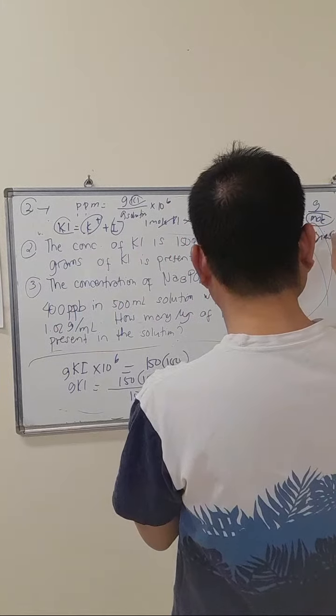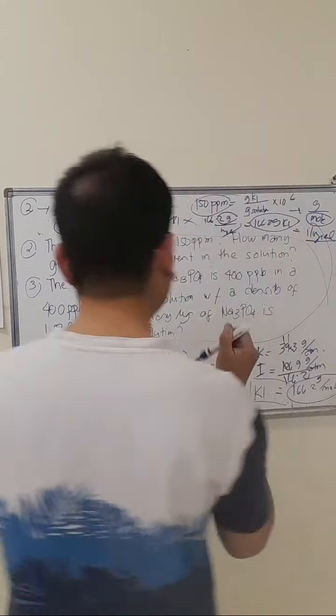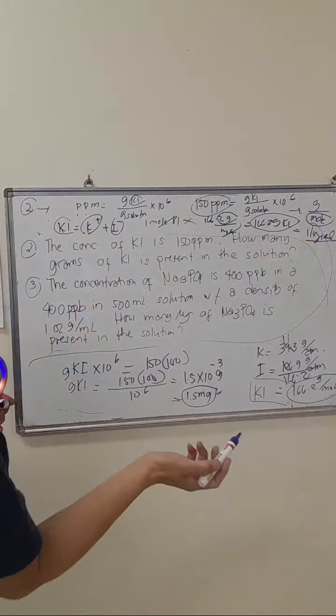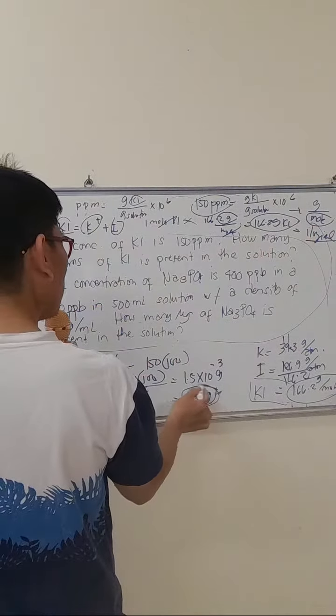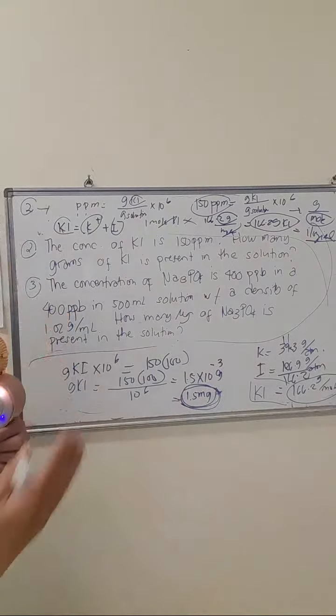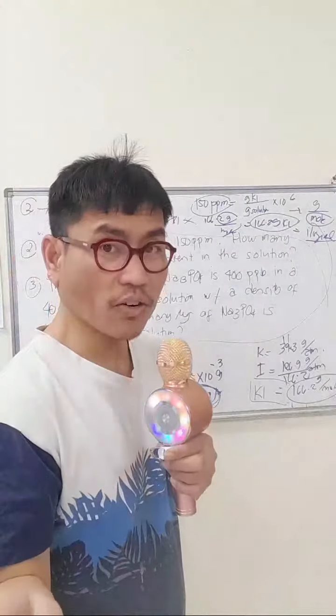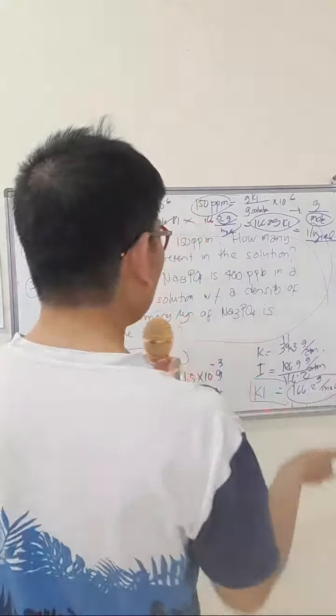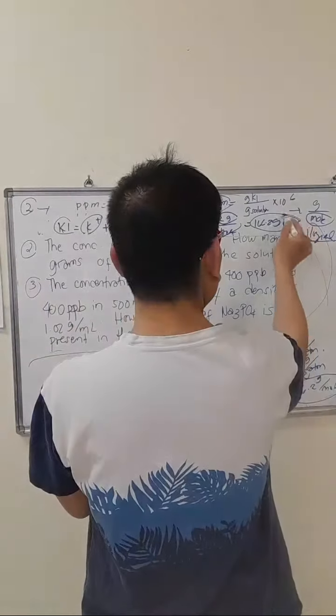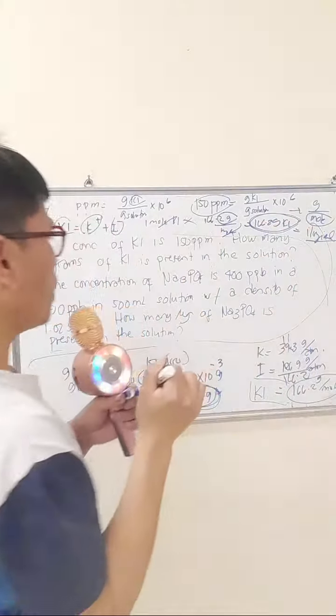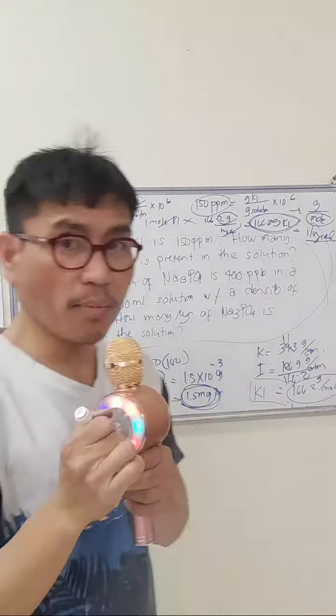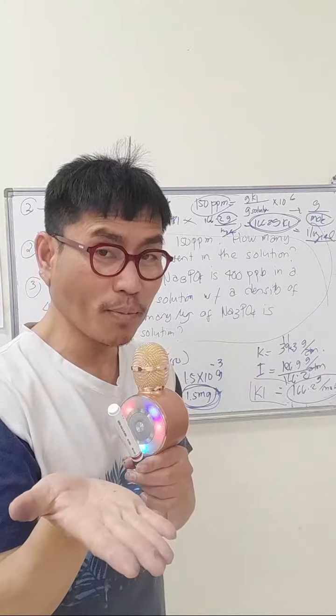Okay, option number 2. We have now option number 1, option number 2. Option number 1, we can get directly 1.5 milligrams by using the basis of calculation based on our formula, because we have no other choice, 100 grams of solution. And then option number 2, we have 166.2 grams of potassium iodide by using the number of moles in the dissociation chemical reaction without considering the 150 ppm.